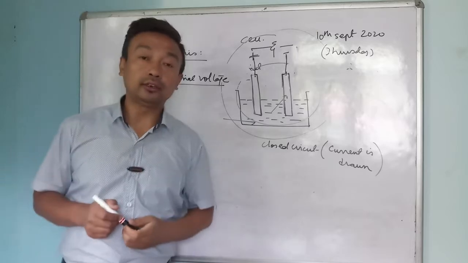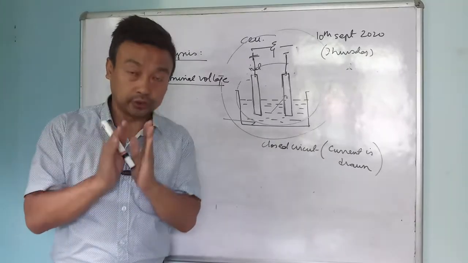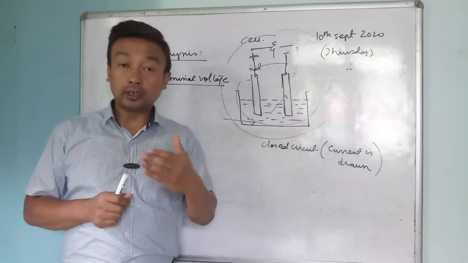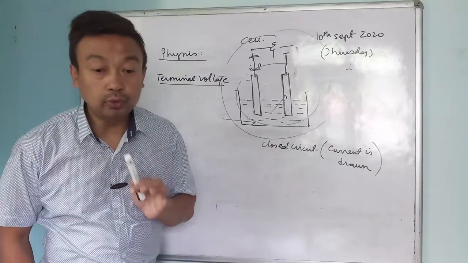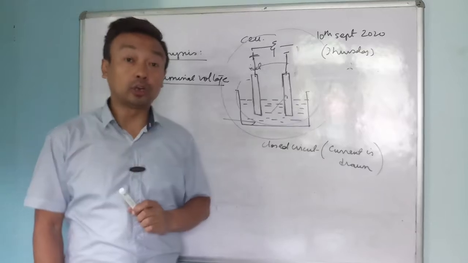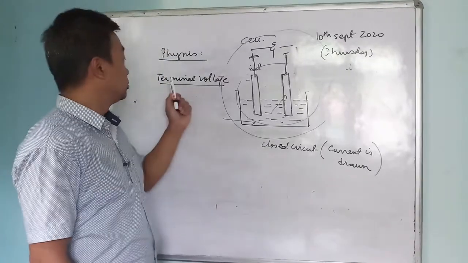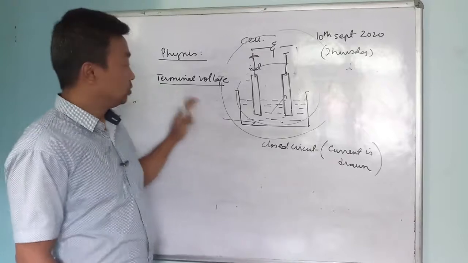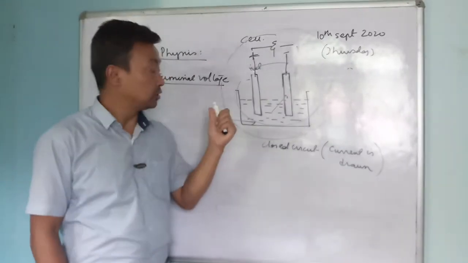So how do we define this terminal voltage? When the cell is in the closed circuit or when the current is coming out from the cell, the potential difference between the electrodes or the terminals of the cell is known as the terminal voltage. No need to write down the definition. You can go through that in the textbook and try to understand.